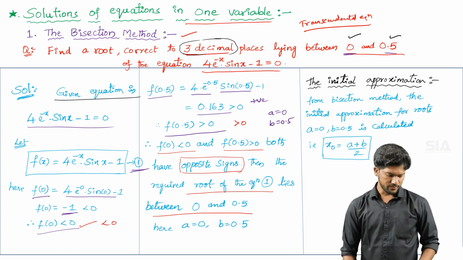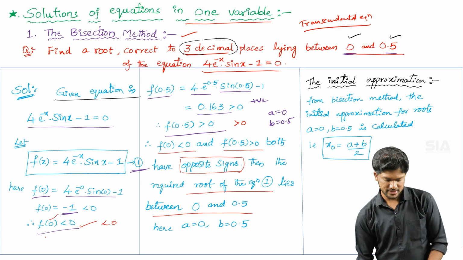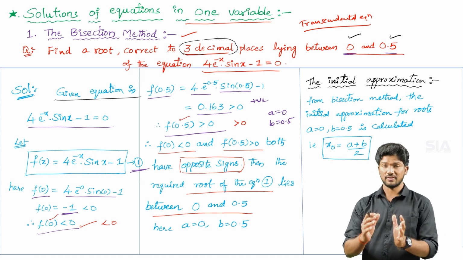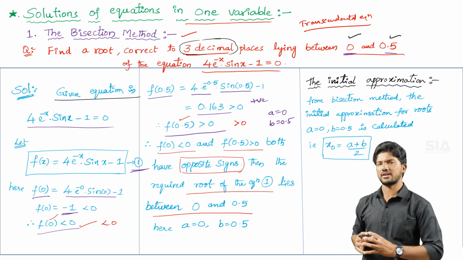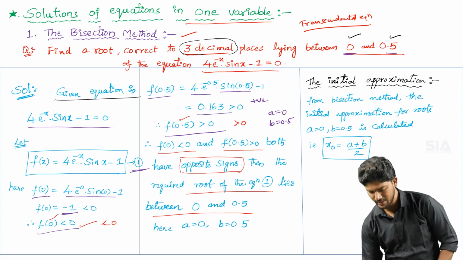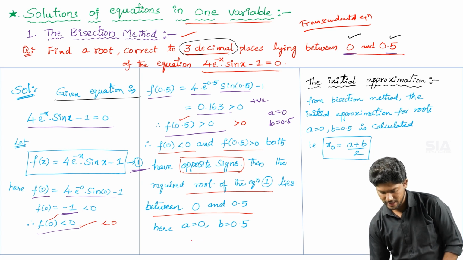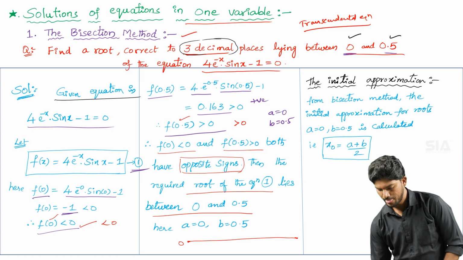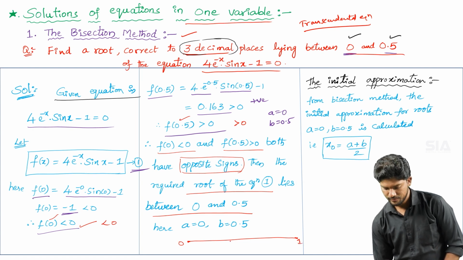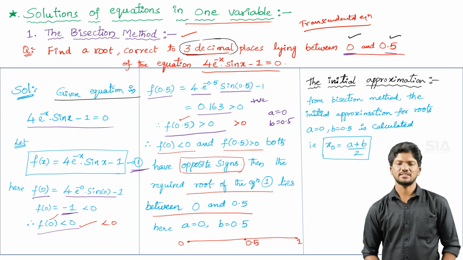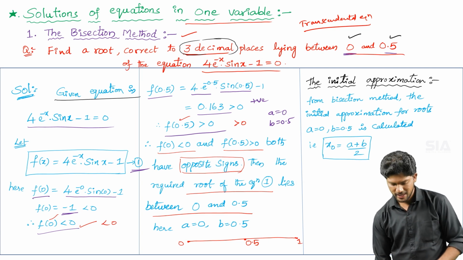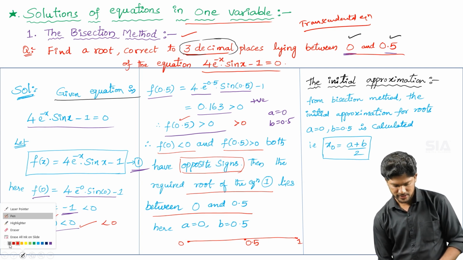Now I will draw a real line here. 0 is here, 1 is here, and 0.5 is here. Our required root lies between these 2 points only.